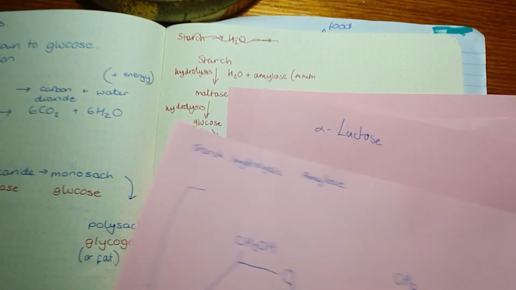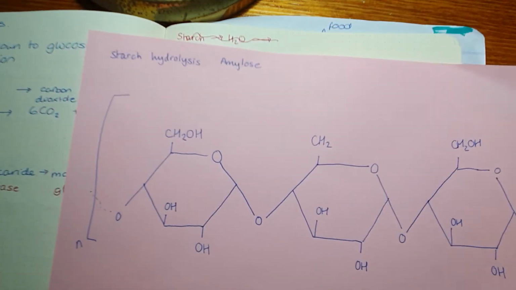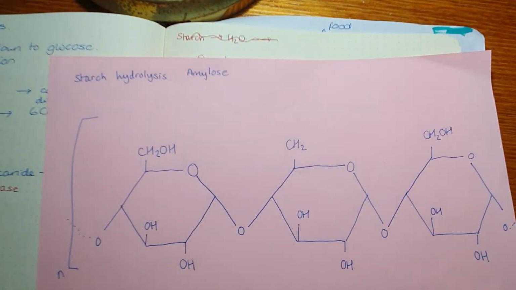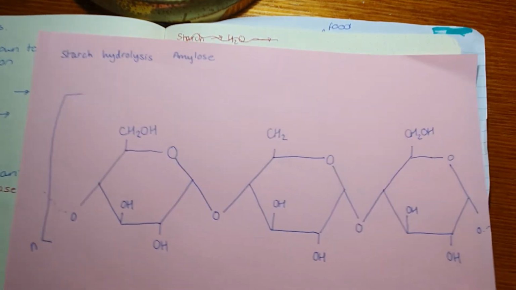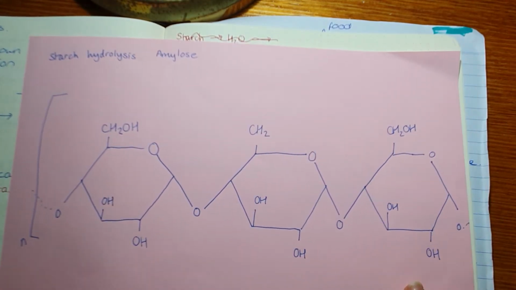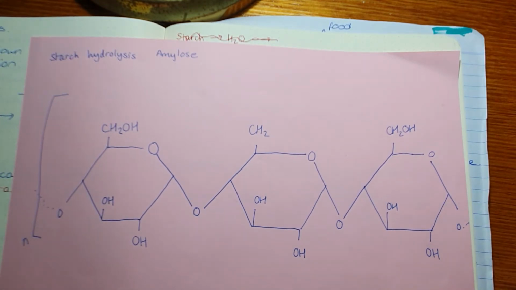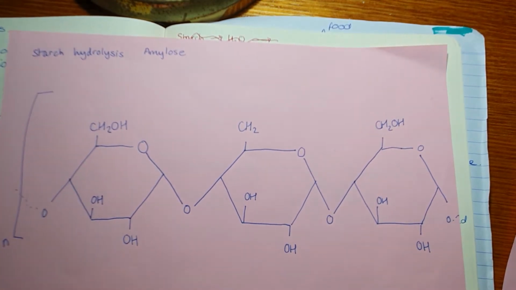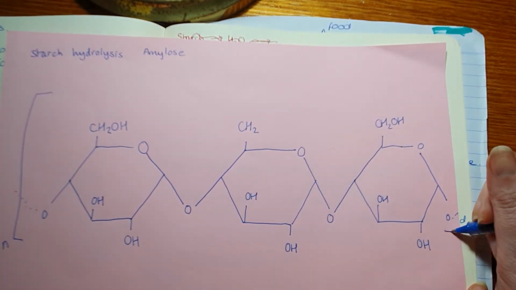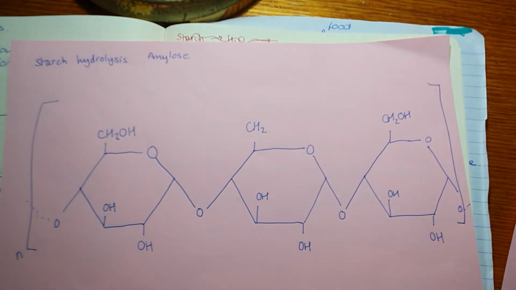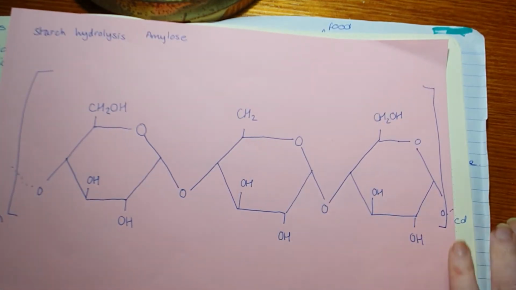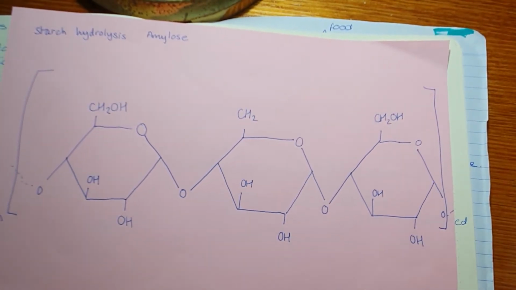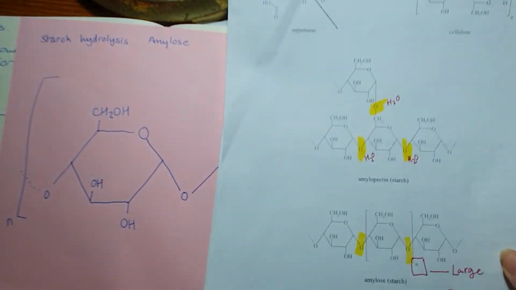So, a bit of craft for myself. I've got my amylose. Got n in brackets either side, because it goes on and on and on. This is me copying from here.